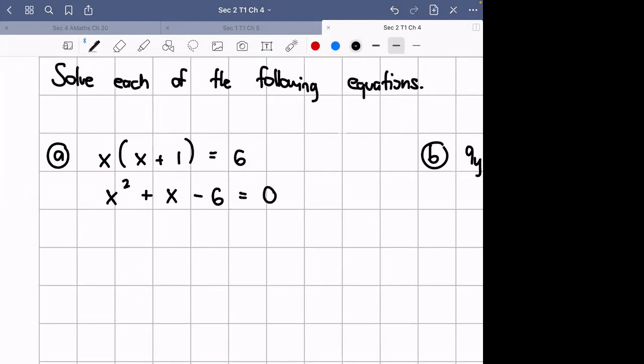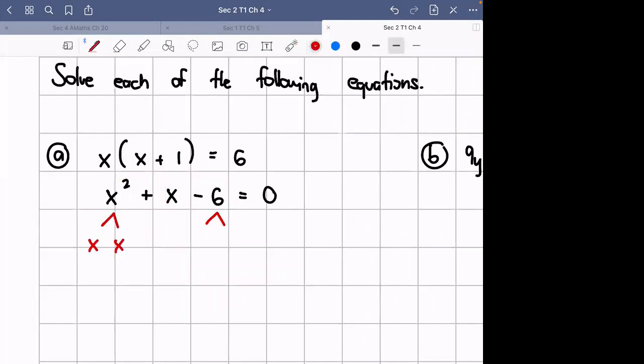This is the correct method. You were here, and then you removed this. And then how do you factorize this? 6 is not a perfect square, so we can only factorize this by guess and check, right? So this is x, and this is x. And what are the factors of negative 6? The answer is positive 1.